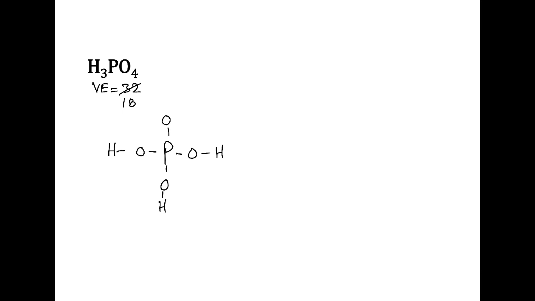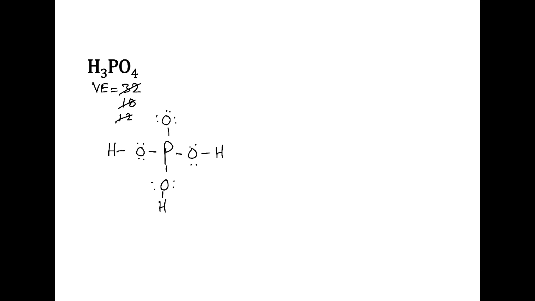So we'd complete this octet first, so 2, 4, 6. That takes us down to 12 valence electrons. Now we need to add valence electrons to the remaining oxygens. Okay, so that's 12 valence electrons. So we've used up all of our valence electrons.